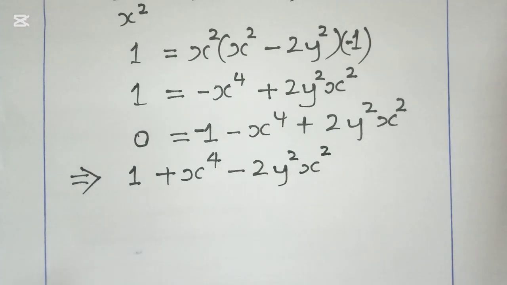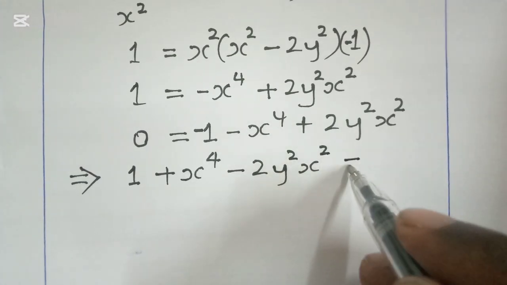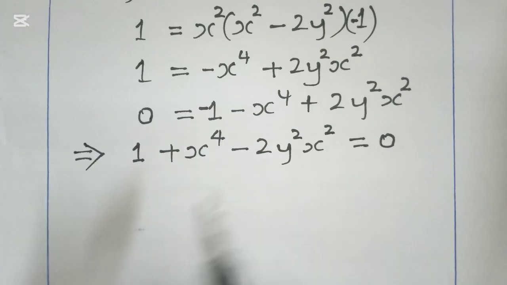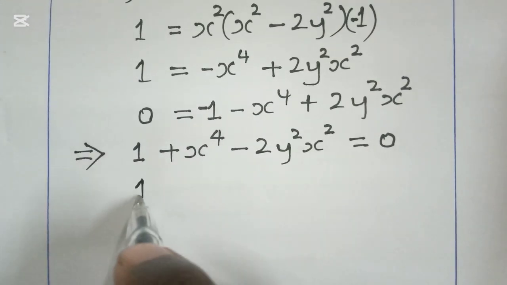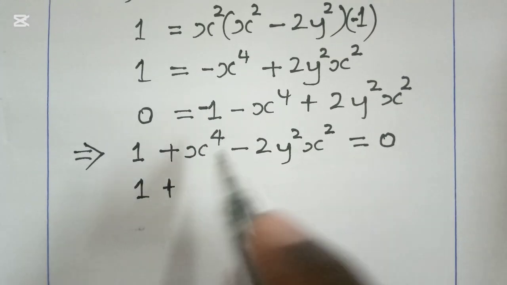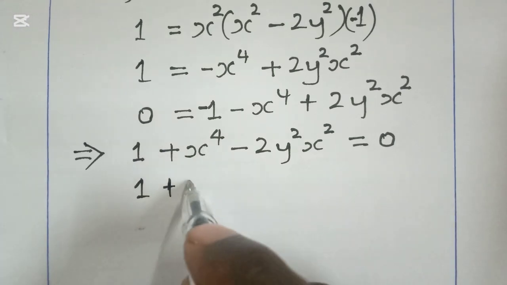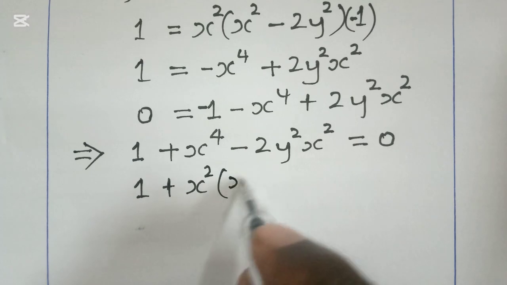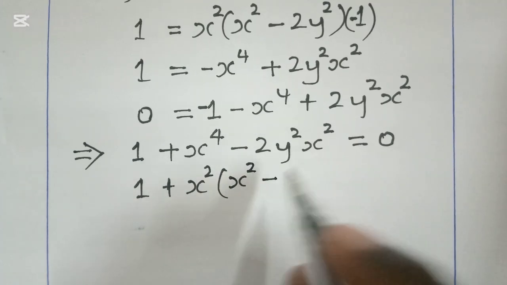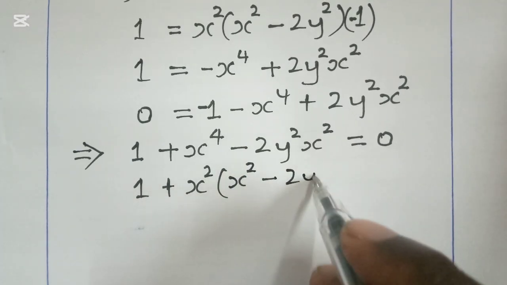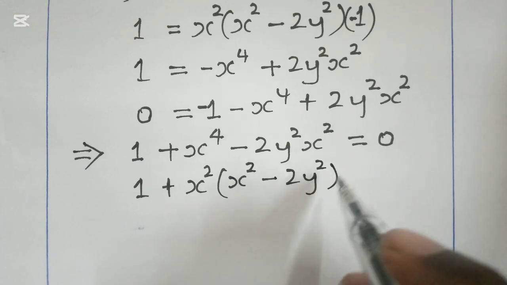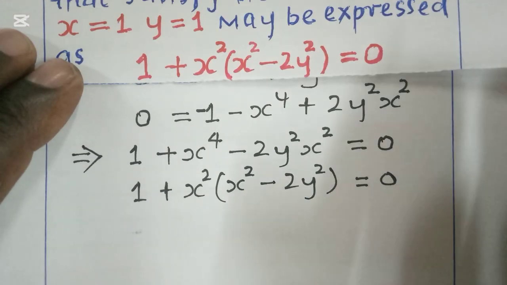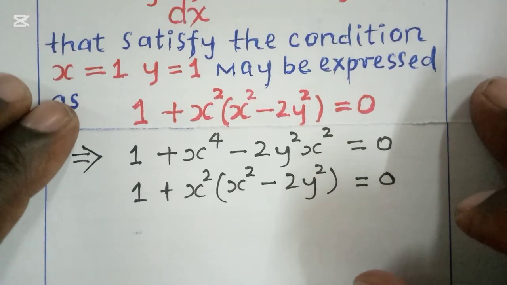This one now gives us 0. I can now finally write 1 plus, I can factor out the x squared. So I'll be left with x squared minus 2y squared equals 0. And so, as you can see, this is what we were looking for.